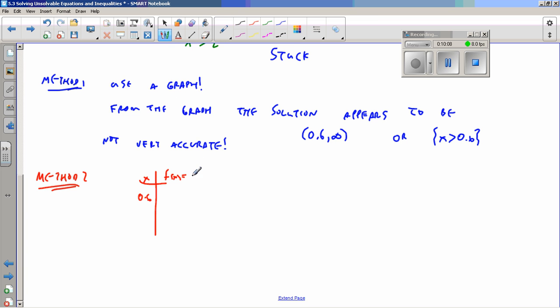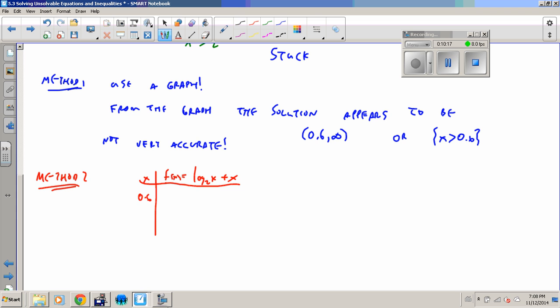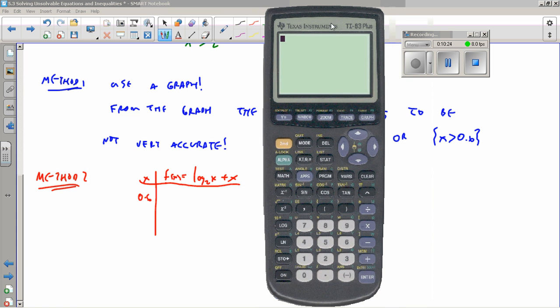It was log base 2 of x plus x, and see how close to 0 we actually are. And then I'll get out my scientific calculator, and I go log of 0.6 divided by, remember, change of base, log 2, right, log base 2, plus 0.6, and what do I get?